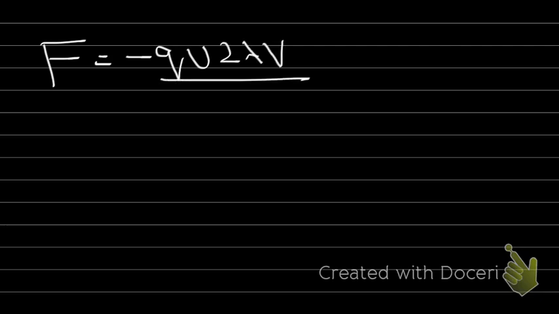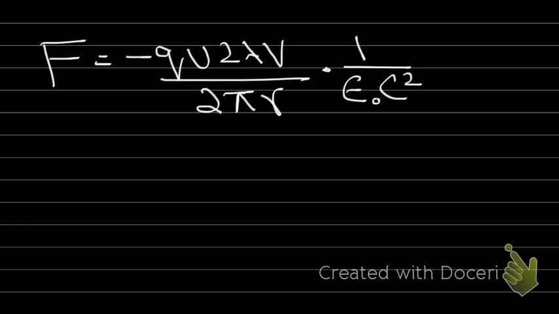So my f is equal to negative q u 2 lambda v over 2 pi r, and I can write this constant over here, 1 over epsilon naught c squared.